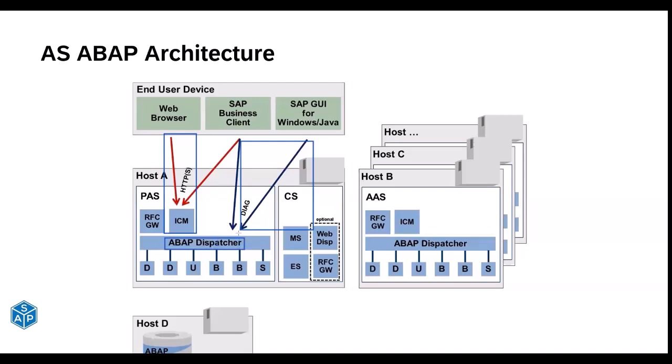From the Business Client, the connection for HTTP will connect to the ICM, and the connection for dialog will connect to the ABAP dispatcher. Is this point clear with all of you?